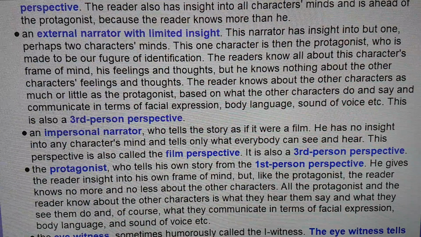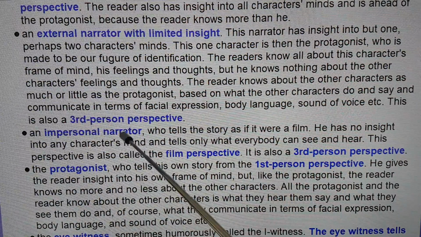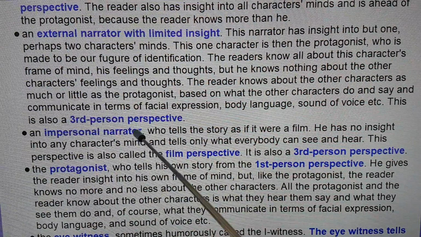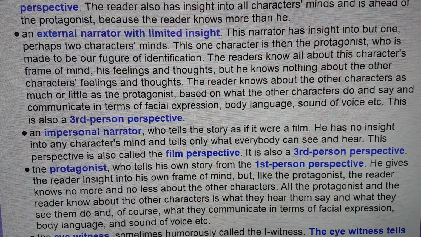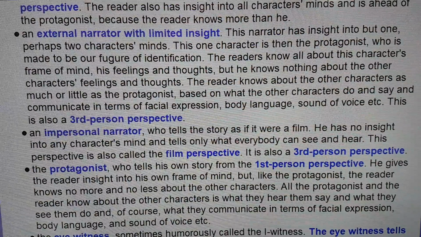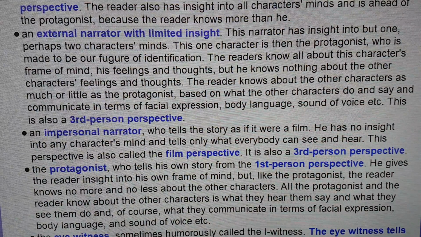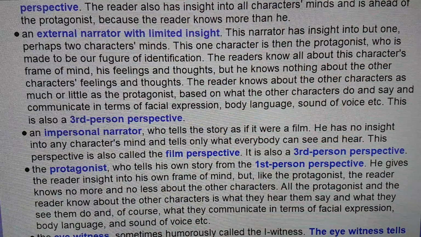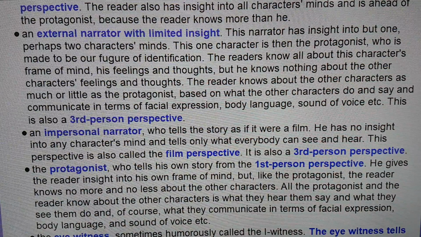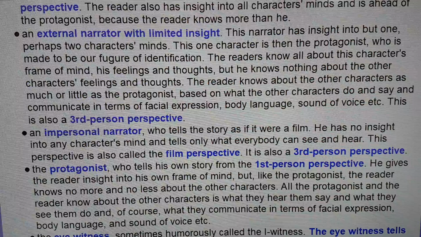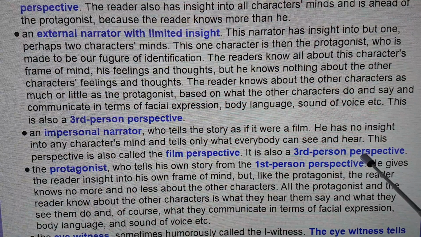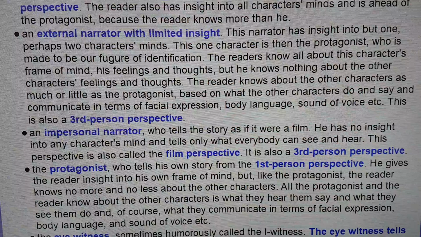And this is exactly how the impersonal narrator would like to tell you a story, and it is your turn to then conclude what type of characters are being described and presented. The impersonal narrator is also a third-person perspective, okay?